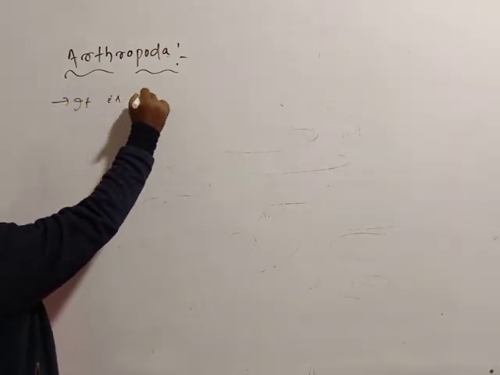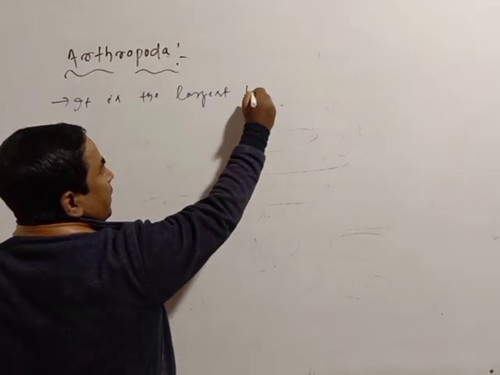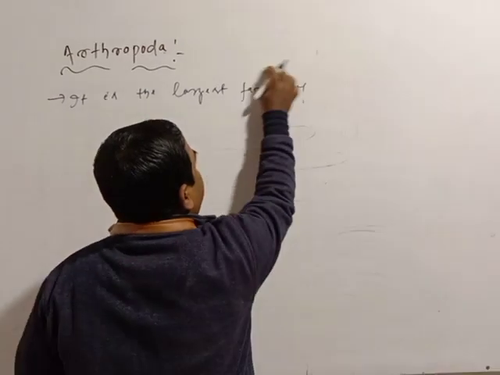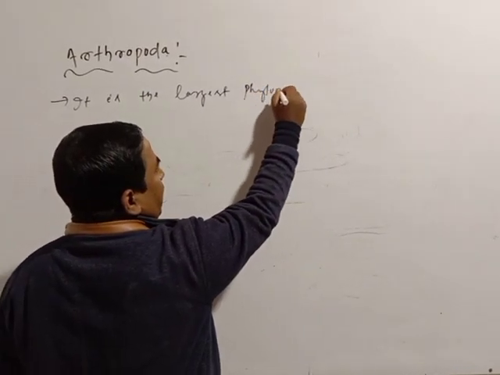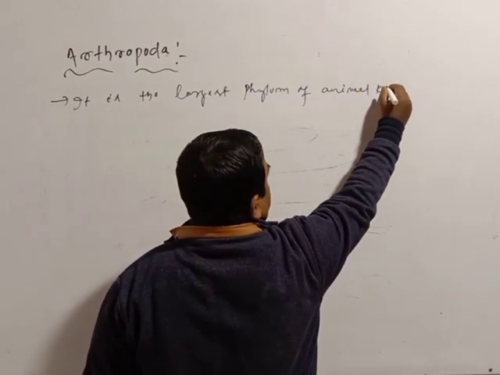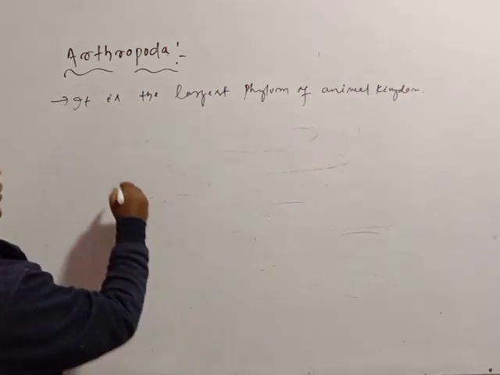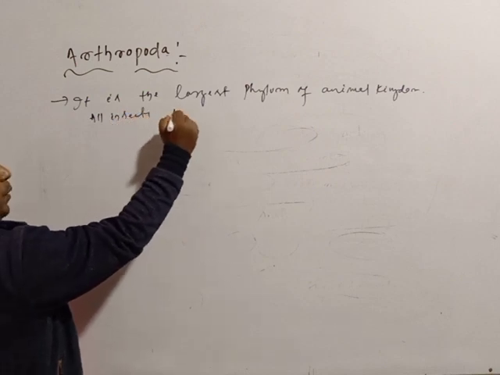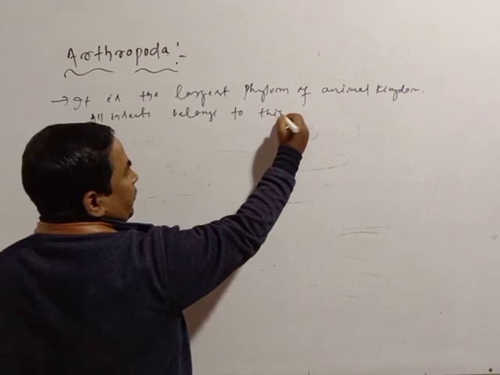It is the largest phylum of the animal kingdom. The reason is that all insects belong to this phylum.